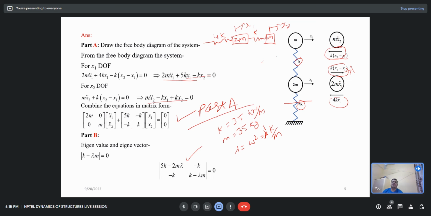If I put lambda equal to lambda dash k by m here, m will be cancelled out and k will come outside, becoming k square for the determinant, where lambda is equal to lambda dash k by m. So now this is a simplified equation, and you can easily find the determinant of this equation.